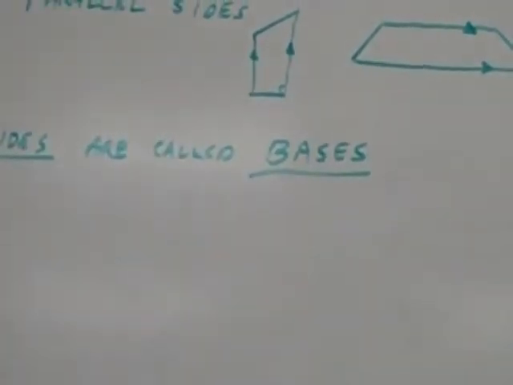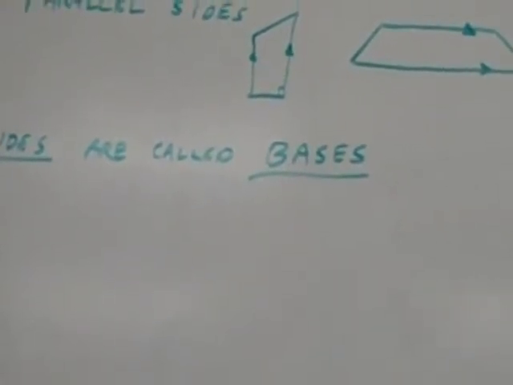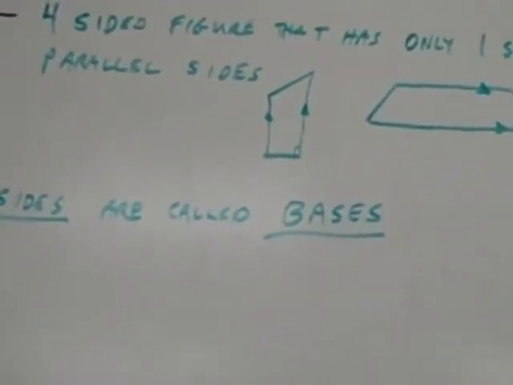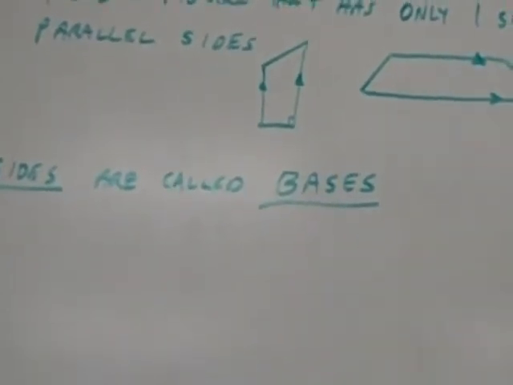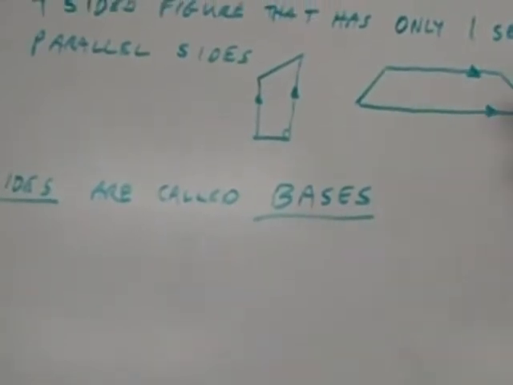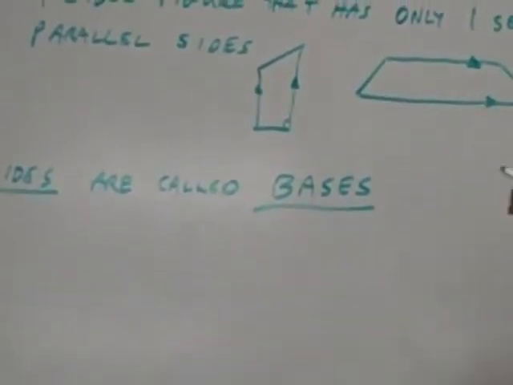The parallel sides are called the bases. In a triangle, we only had one base, didn't we? Well, here, since we've got two parallel sides, we're going to call them bases.